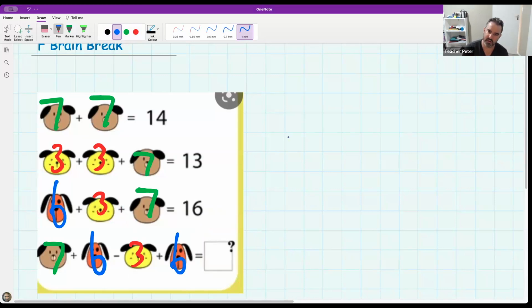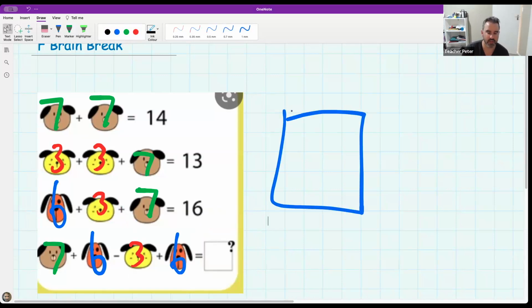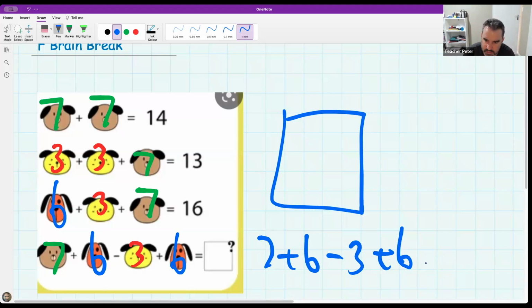And what is my final answer going to be? 7. Okay, so it's plus minus, so this BODMAS isn't complicated. The final answer will be 7 plus 6, which is 13, minus 3, which is 10, plus 6, which is 16 is what I get. 16, yeah. Okay. Awesome.